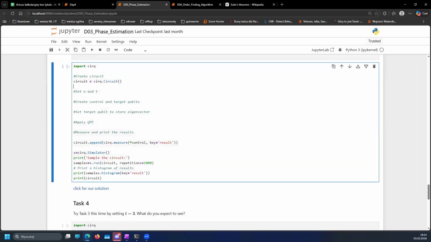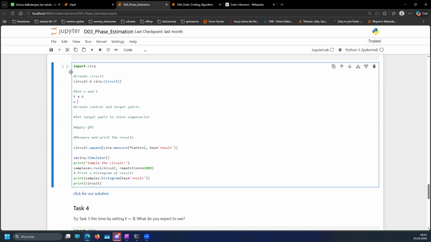So now we want to create the whole circuit. So here we are initializing the circuit. Here we want to set N and T. So T, as we already did, is equal to 4. And N, in our case, will be equal to only 1.